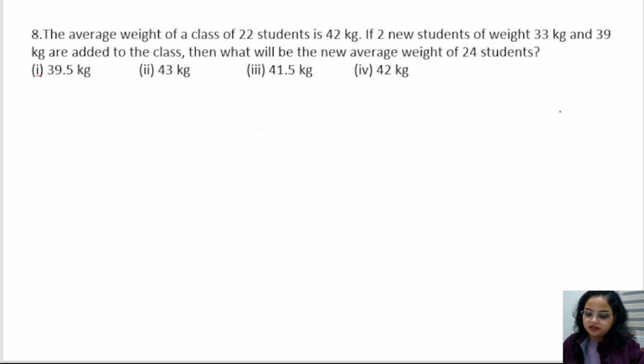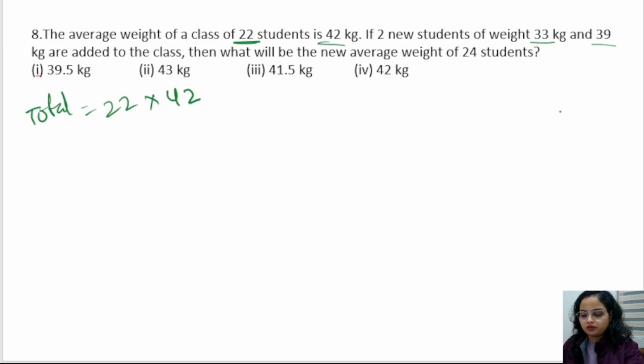Next one. The average weight of a class of 22 students is 42 kg. If two new students of weight 33 kg and 39 kg are added to the class, then what will be the new average weight of 24 students? So what is the total weight of 22 students? Total weight of 22 students is 22 into the average weight, so it is 22 into 42.